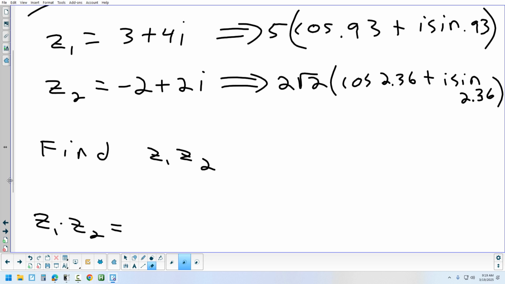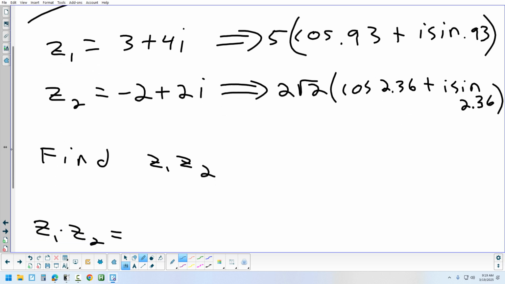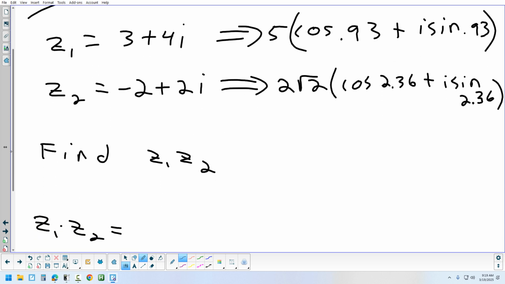What I want to do now is multiply these two numbers together, and let's leave our final answer in trig form. So I'm not going to convert it back to standard form. All right. So if I want to multiply these two complex numbers together, what would I do with my radii?